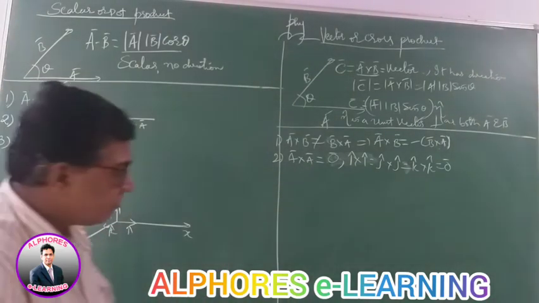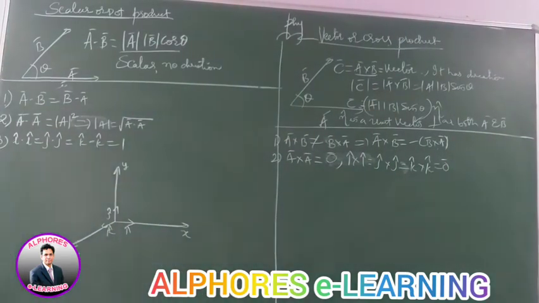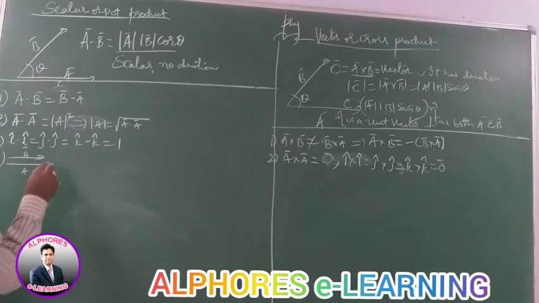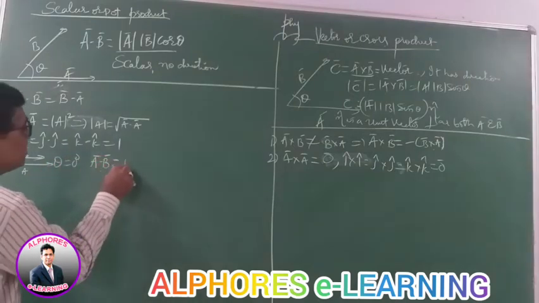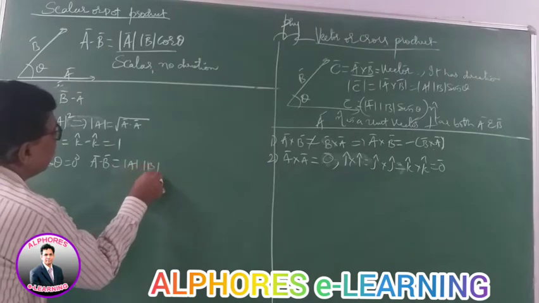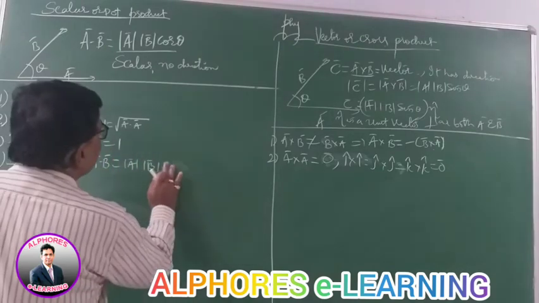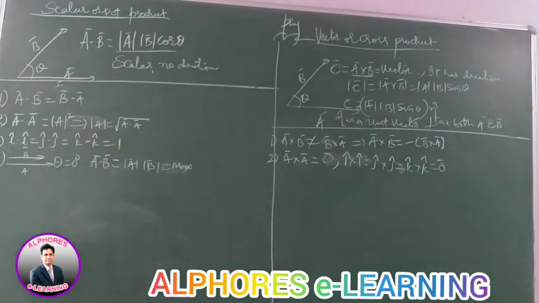Next. Suppose I take two vectors which are parallel, A bar and B bar are parallel, theta 0. Then A dot B is mod A mod B cos 0. Cos 0 is 1, so I get maximum. It is maximum value there.